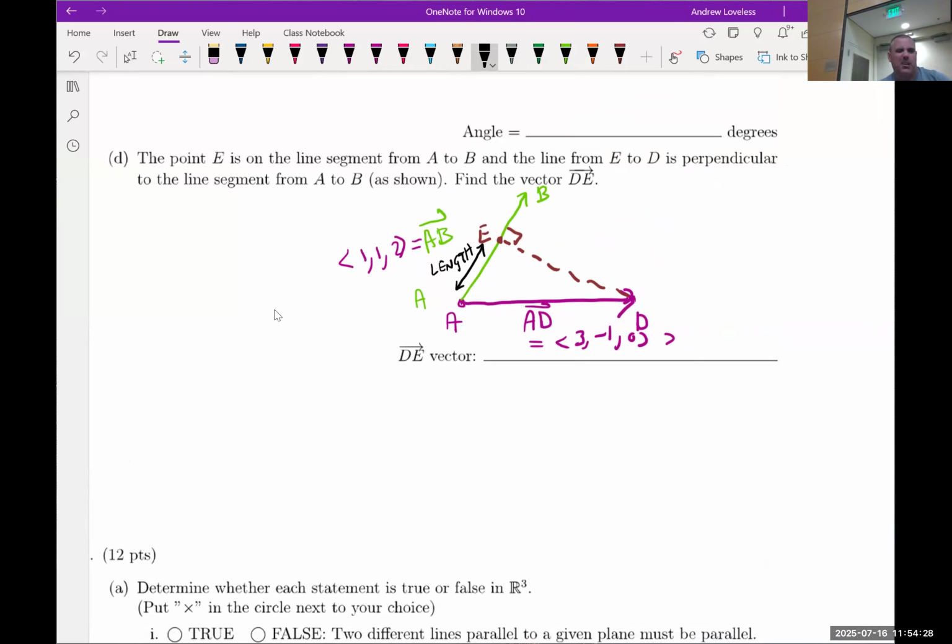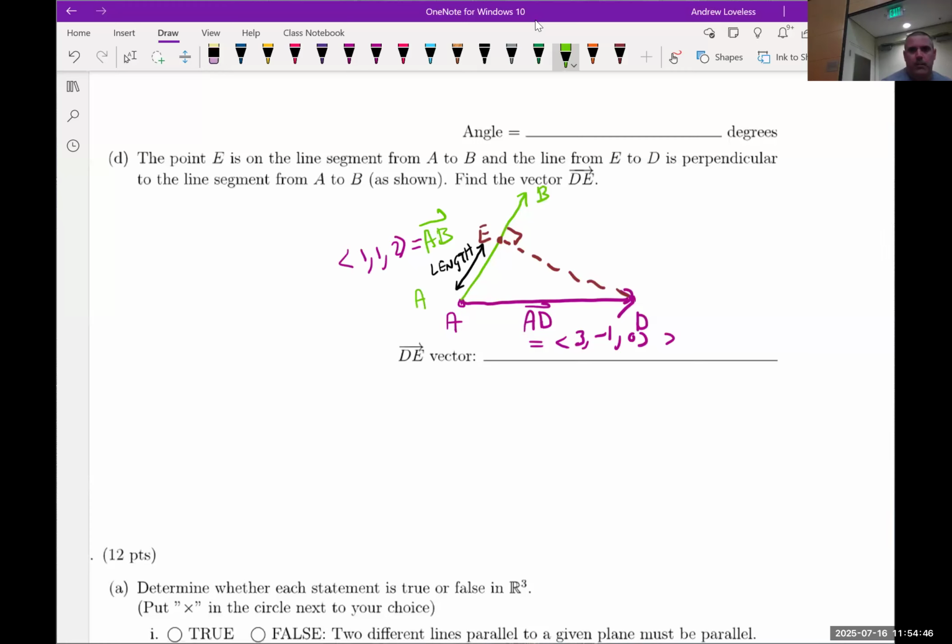But the tricky thing about this question, I would say this is harder than a lot of these, is that if it just asks for the length, it's a really short question. If it asks for the vector, that takes a little longer, but still pretty short. But it doesn't ask for any of those. It asks for the vector DE. So we have to maneuver around a bit.